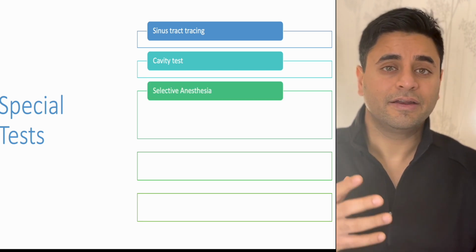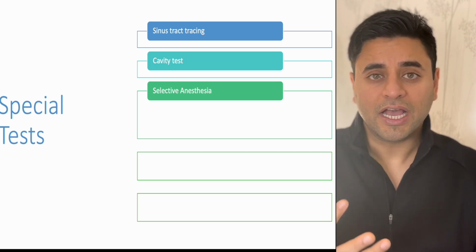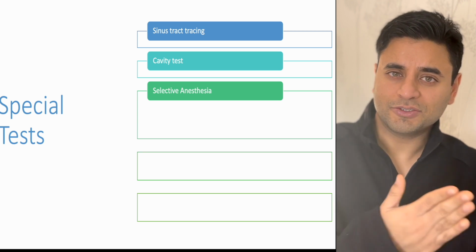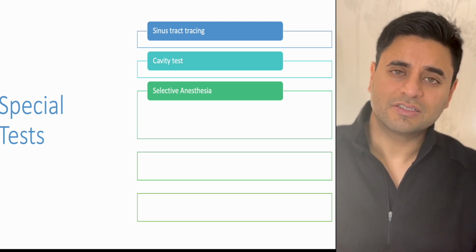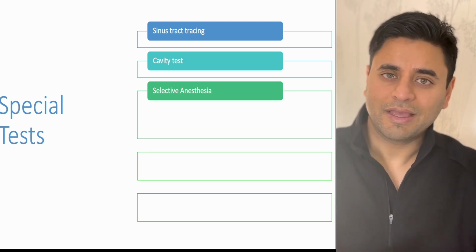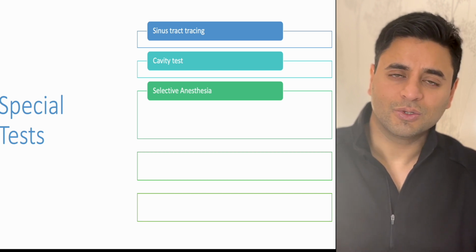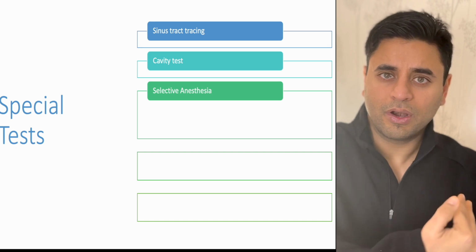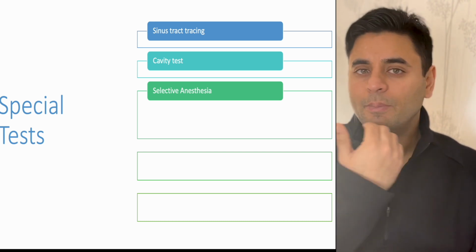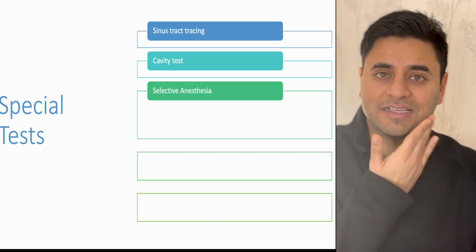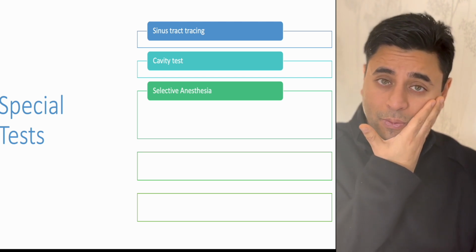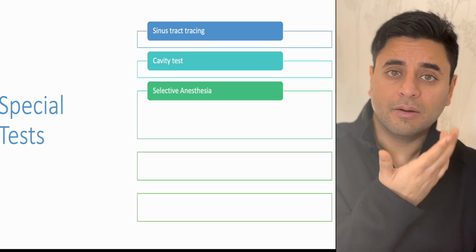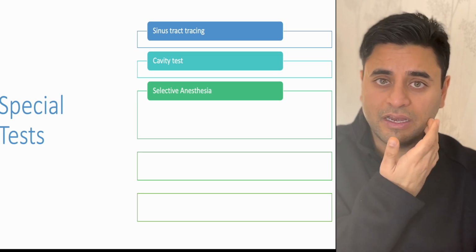After that comes selective anesthesia. As I said earlier, it is for when you cannot isolate the tooth. There is so much pain, or it's so hard for the patient to distinguish which of these teeth is giving them that extreme pain. So you selectively anesthetize the distal most tooth and come more and more anterior, or give a block. If the patient complains of pain on both maxillary and mandibular sides, maybe the maxillary third as well as the mandibular third molar, you can give an inferior alveolar block.